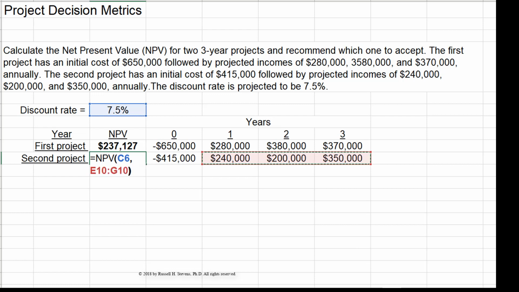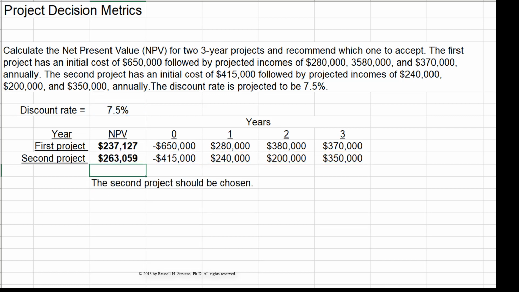Type in a close parenthesis, followed by a plus sign. Highlight the minus $415,000 and press enter. The net present value of the second project is $263,059. With no other factors to consider, the second project should be chosen as it will produce greater revenue for the company.